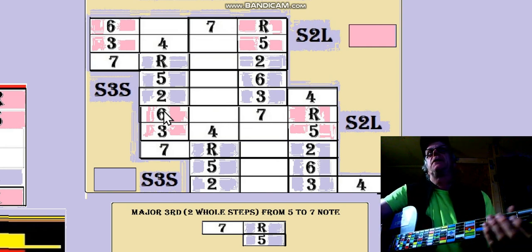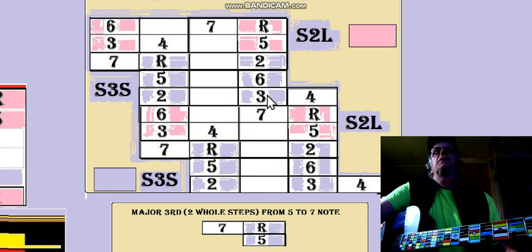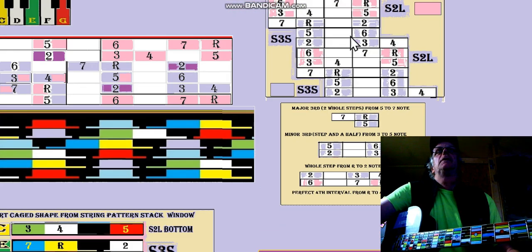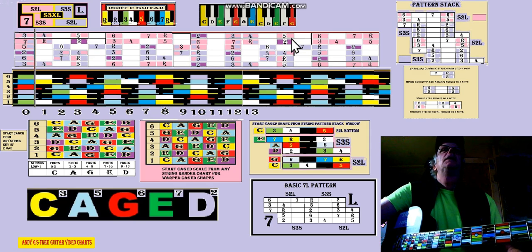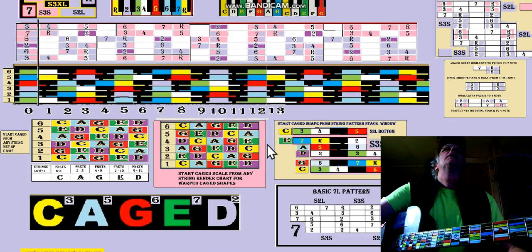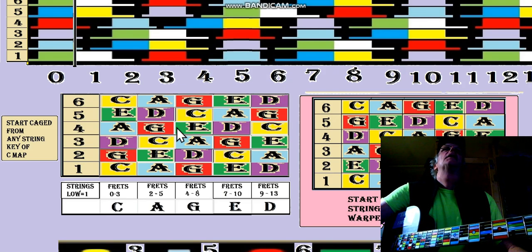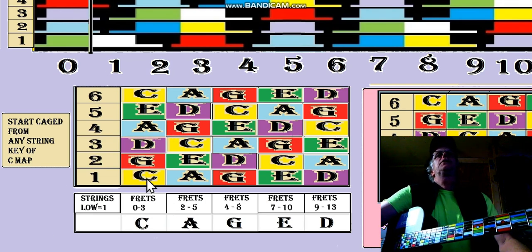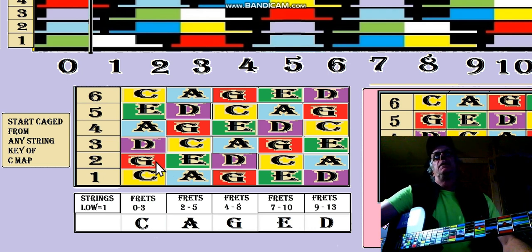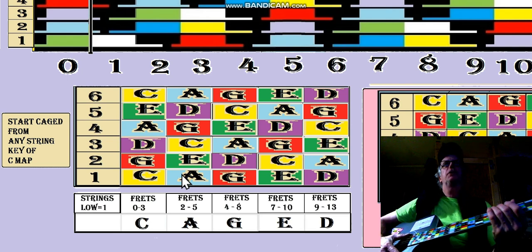But in this case, the C skips the A and goes to the G. The A is in between here somewhere, and I'm sure there's a way to play it, but we're talking about full normal cage shapes.